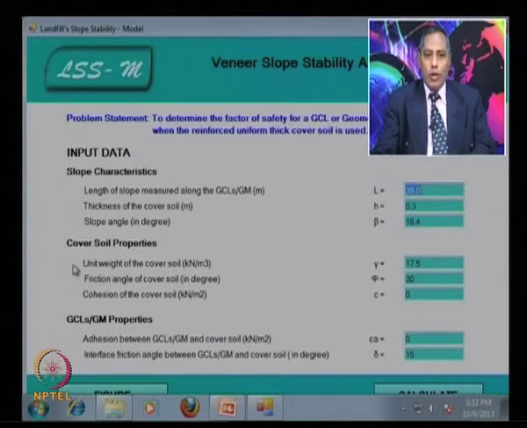You should also know the cover soil properties: the unit weight of the cover soil, the friction angle of the cover soil, phi, and the cohesion of the cover soil. That is, gamma is 17.5, phi is 30 degrees. Apart from that, you require the GCL or geomembrane property, that is the adhesion between the geosynthetic clay liner and the cover soil, Ca equal to 0, and the interface friction angle between the geosynthetic clay liner or geomembrane and the cover soil, which is 15 degrees.